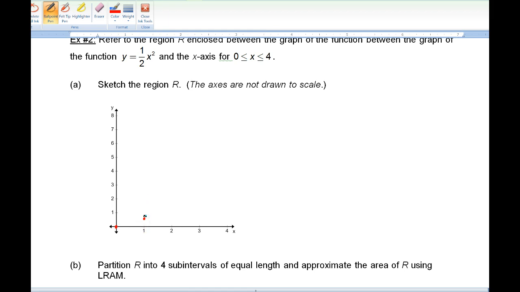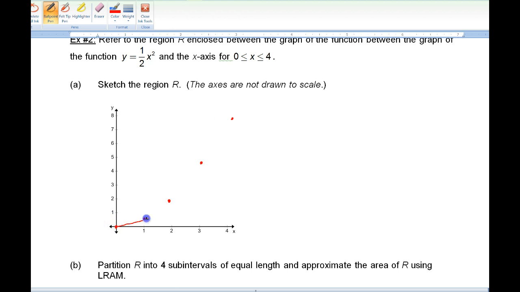If we plug in 2, well, 2 squared is 4 times 1/2 is 2. Plug in 3, so 3 squared is 9, divided by 2 is 4.5. And plug in 4, we get 4 squared is 16 times 1/2 is 8.